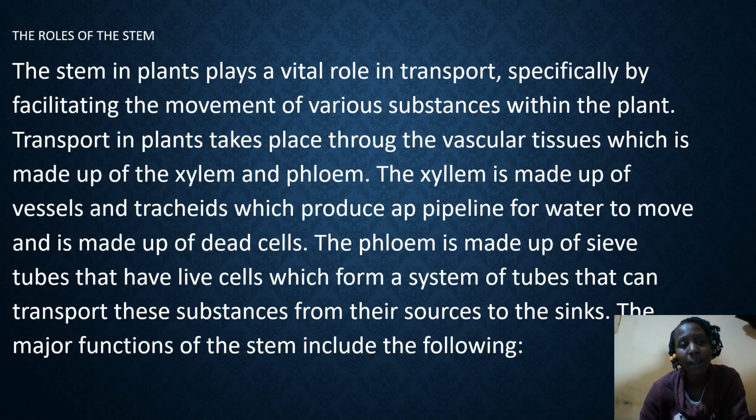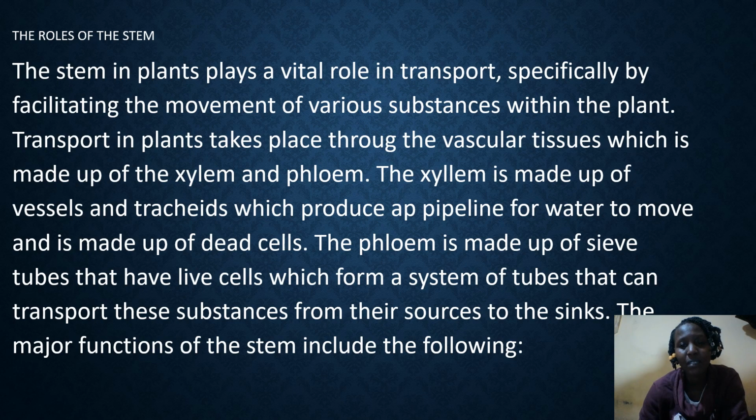Role of the stem. The stem in plants plays a vital role in transport, specifically by facilitating the movement of various substances within the plant. Transport in plants takes place through the vascular tissues, which are made up of the xylem and the phloem.